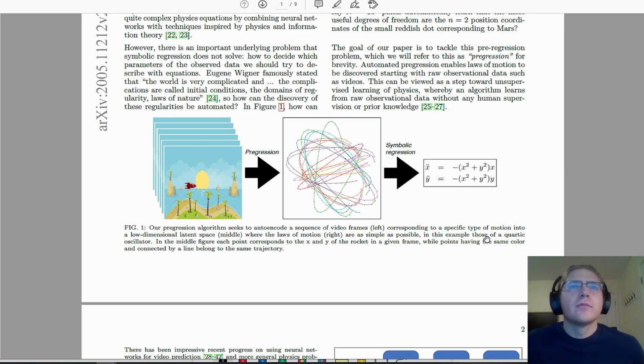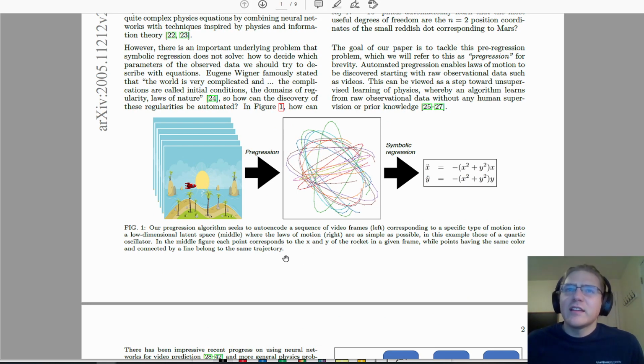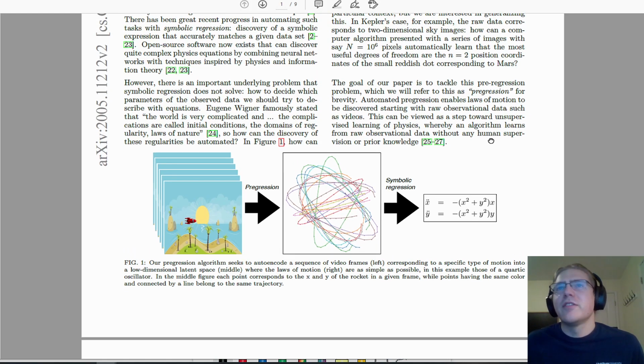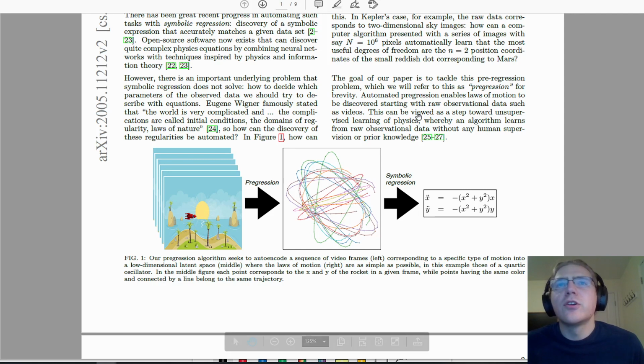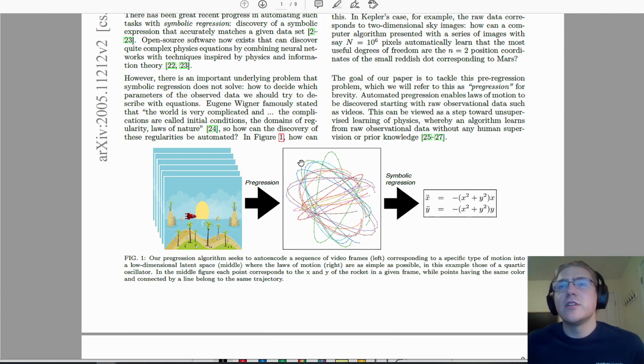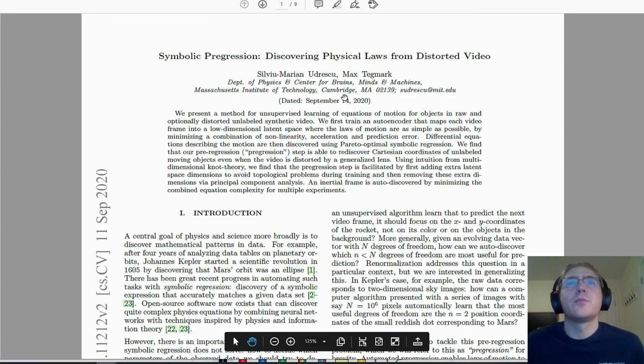This kind of approach says the form of the data doesn't need to be all that special, because you can learn the lower-dimensional representation that is going to be best suited to figuring out the equations that govern that system.